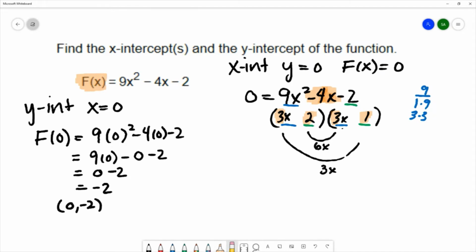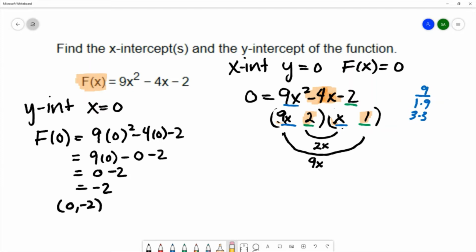So I need to switch my front numbers and try 9 and 1. So I'll try a 9x and an x. Once again, testing the inside and the outside. That would be 2x and 9x. If I add and subtract 2x and 9x, that's not going to create the middle number of 4x that I need.